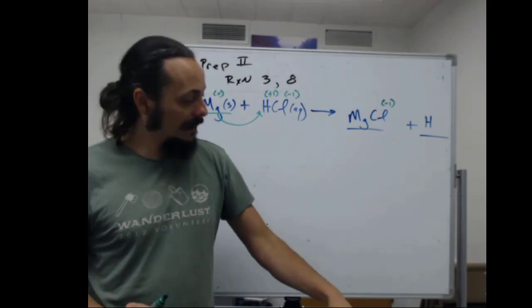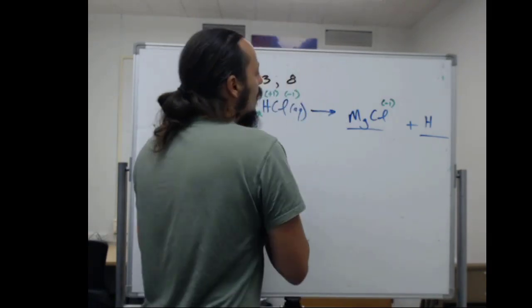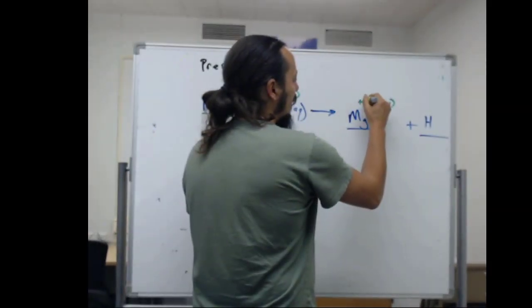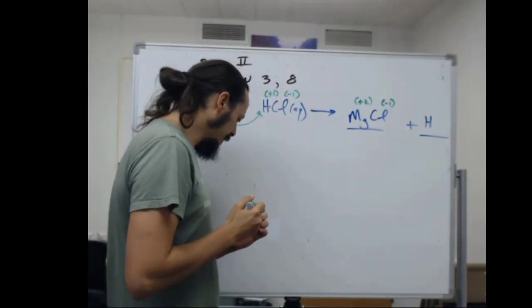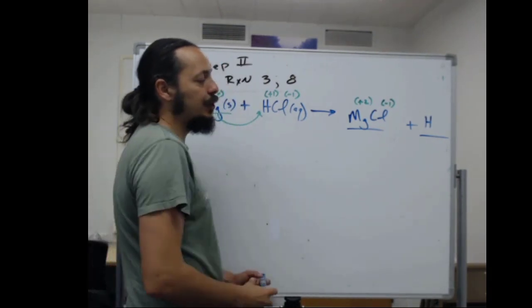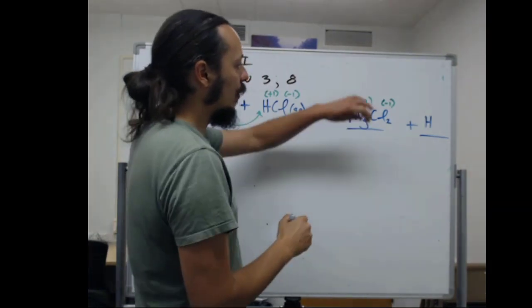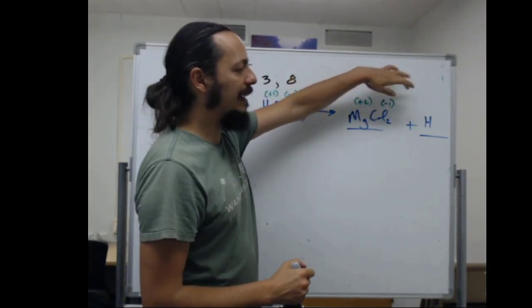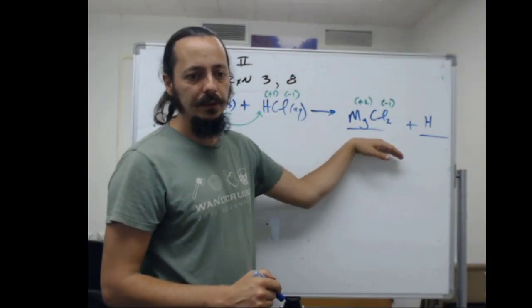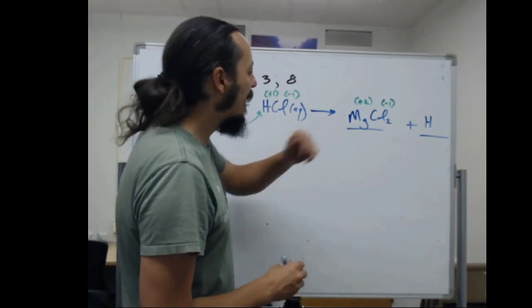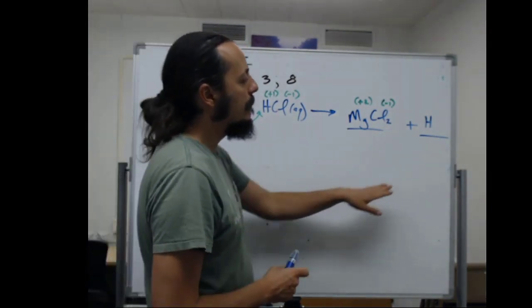Is it +2? It is +2. So when I look at the fact that magnesium's +2 and chlorine is -1, if I want to charge balance this, I need 2 chlorines. So I've got +2, -1, -1, I've got a neutral compound. So that's charge balanced, that's looking good.